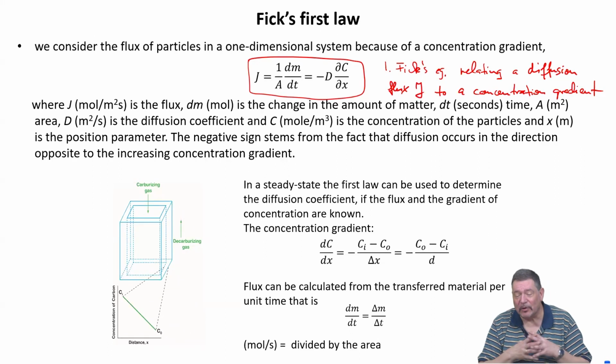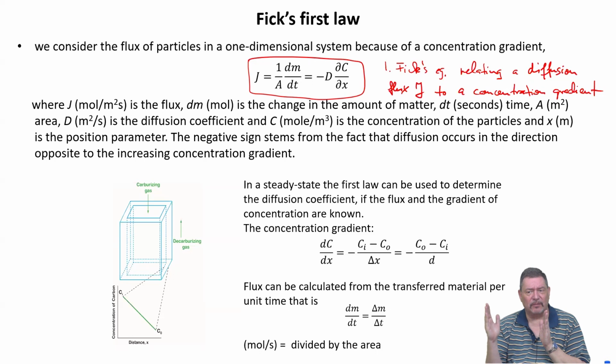Yes. So for mass transport to be described, mass transport meaning transport in a certain direction, we have to have a concentration gradient, at least in this form of Fick's first equation.